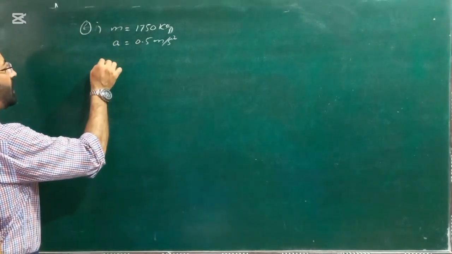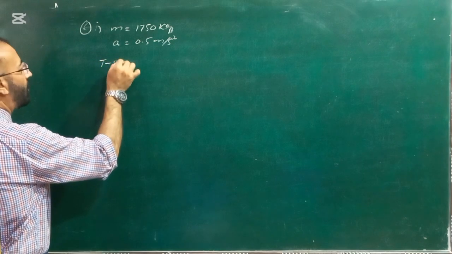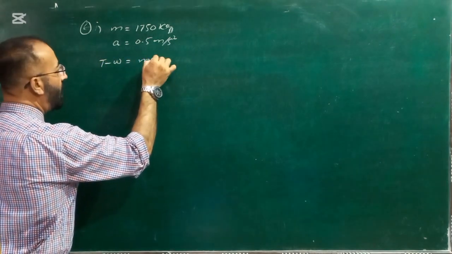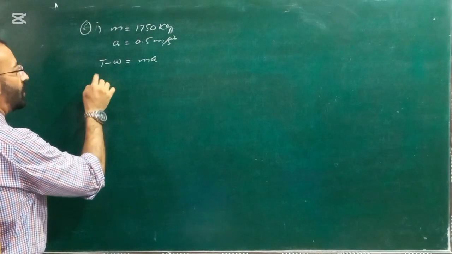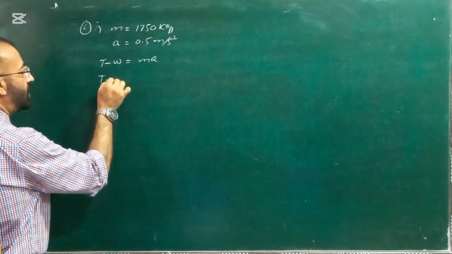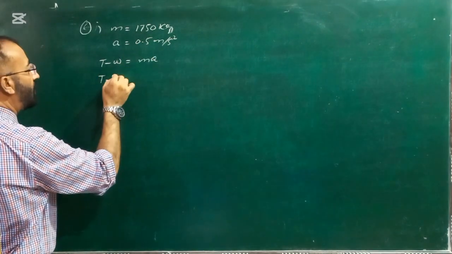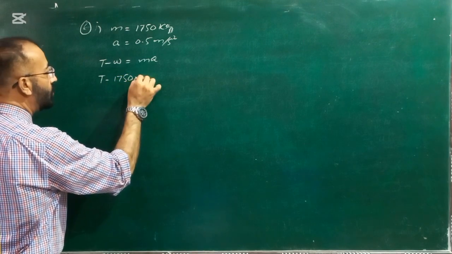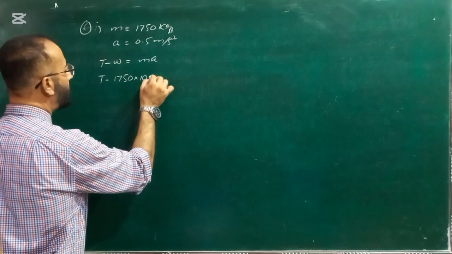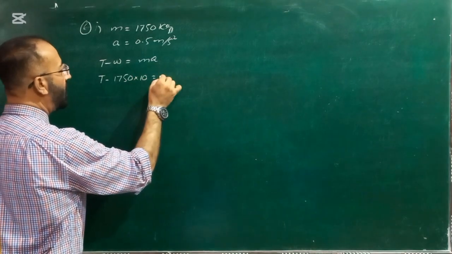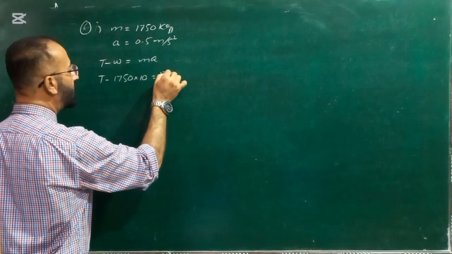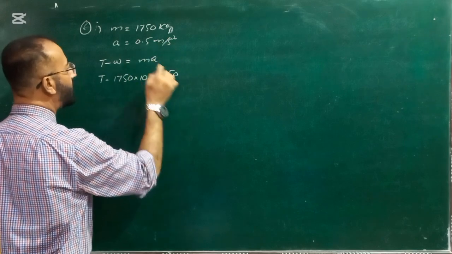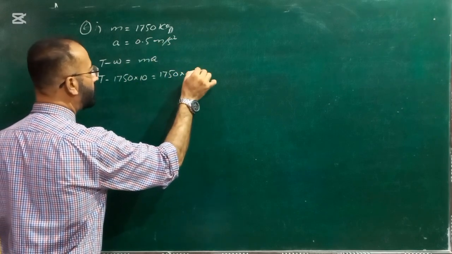So the resultant force should be equal to MA. T is going to be required. W is 1750 into 10, equal to MA. M is 1750 and A is 0.5.